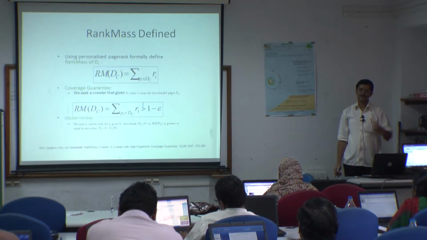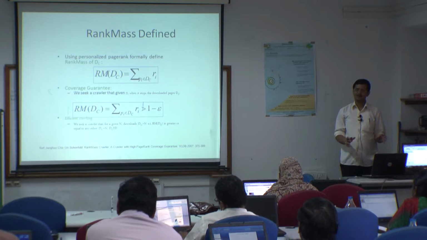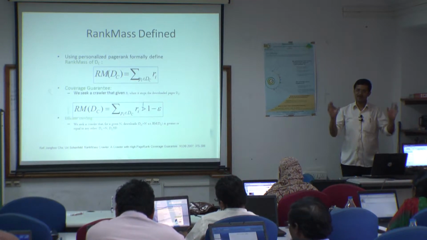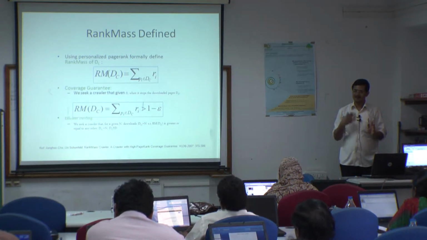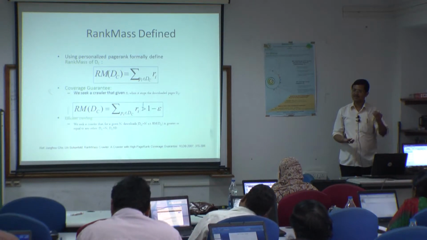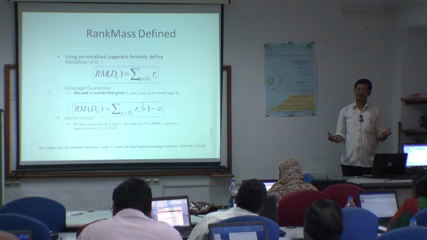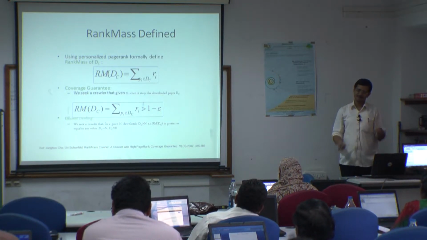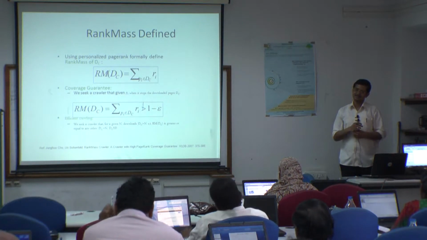Now I will go through the rank mass. Till now, to calculate the personalized PageRank and PageRank, you should have complete information about web pages. But to calculate the rank mass, they developed a technique where, without having complete information about the whole web, you can calculate the importance of a page.